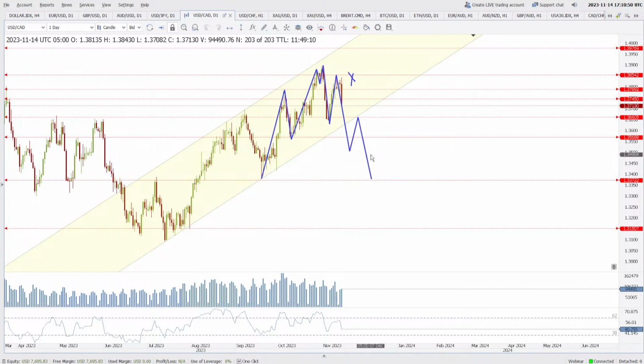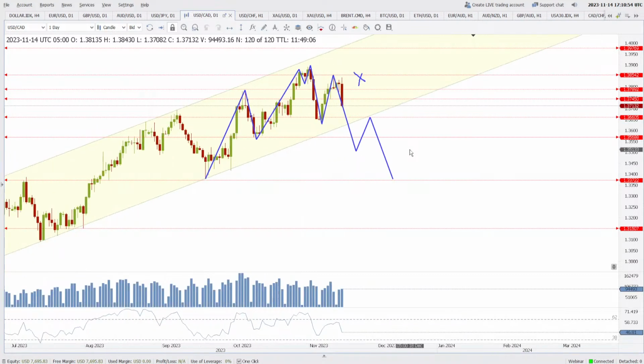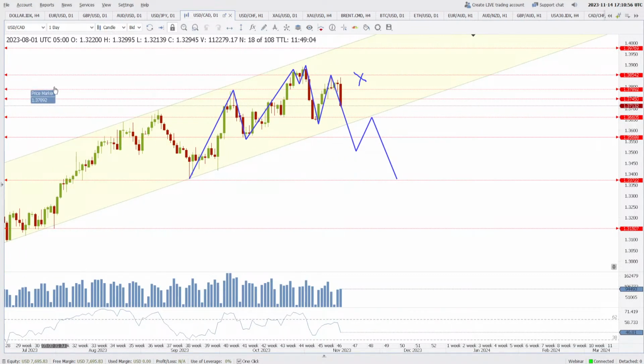So that will happen if the 1.3660 will break to the downside. So yesterday also I think I have cleared this, that US dollar is going down, Canadian dollar is going down. So both of these are going down. So essentially the correlation is positive, so you will not have any difference in the prices. So stay away from this market also for some time.